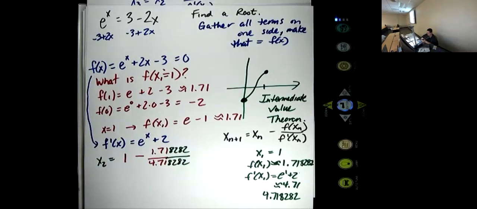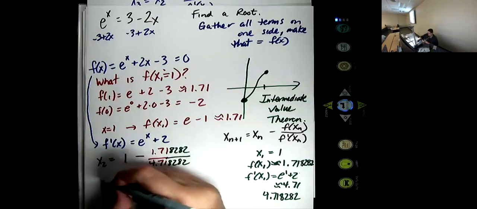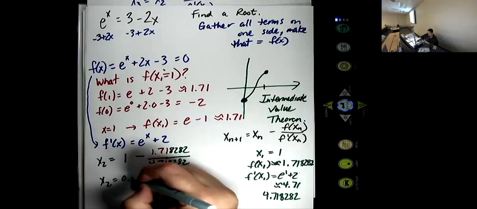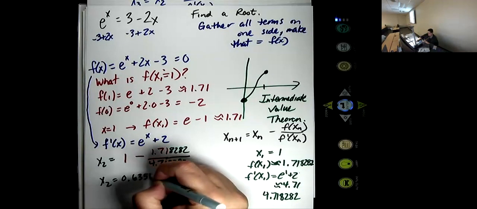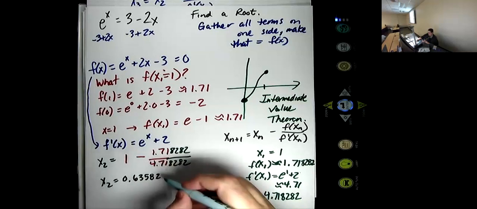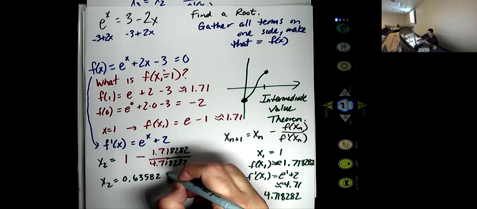All right, so 1 minus 1.718282 divided by 4.718282, to 5.